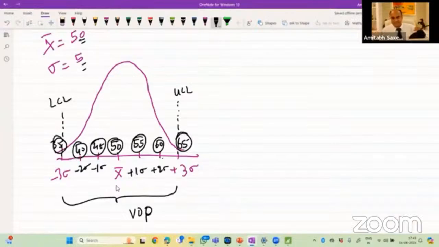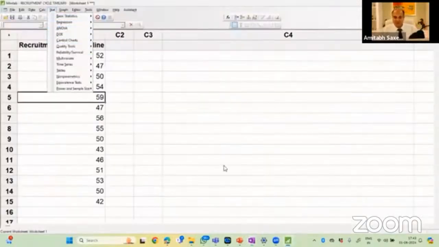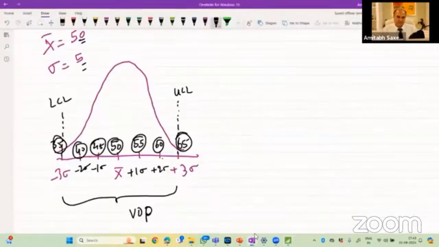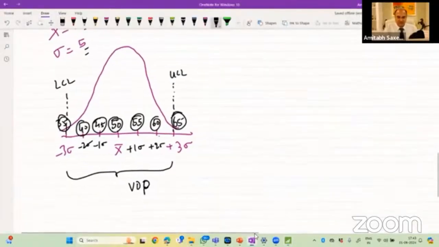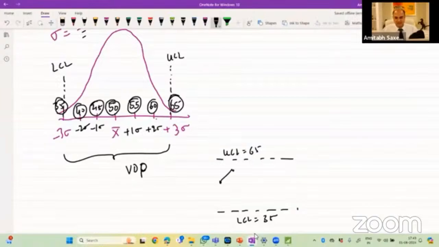Okay. Now, I just approximated standard deviation as 5. But if I ask Minitab, please make my control chart, we call this control chart. If I do this as a chart, I have got lower control limit and upper control limit. Lower control limit is 35 and upper control limit is 65. Means my recruitments will take place like this.